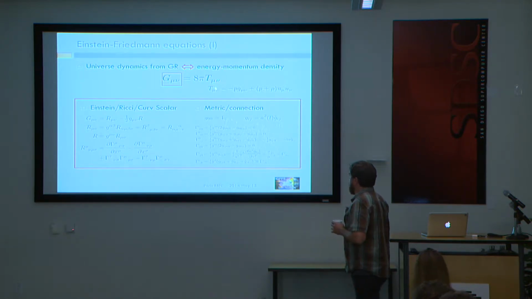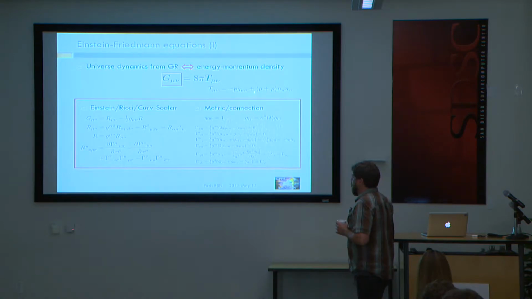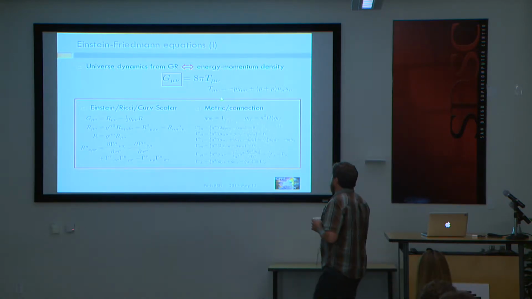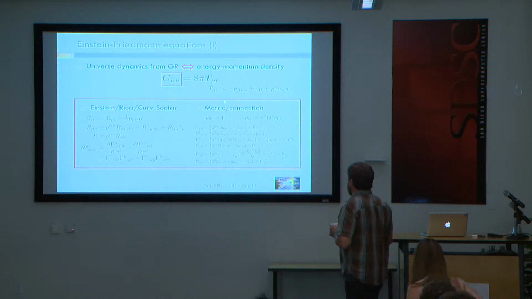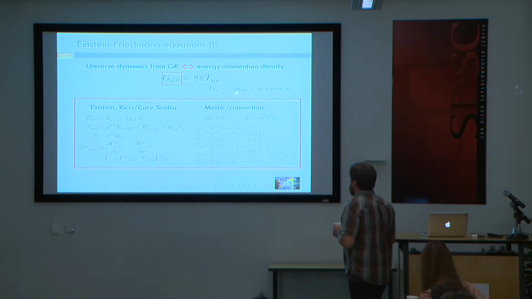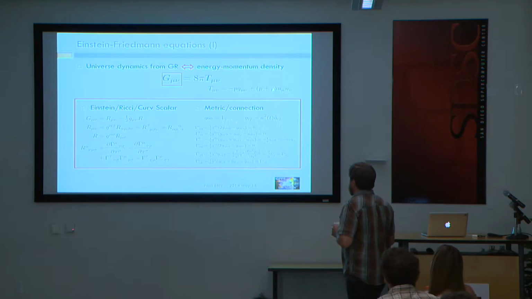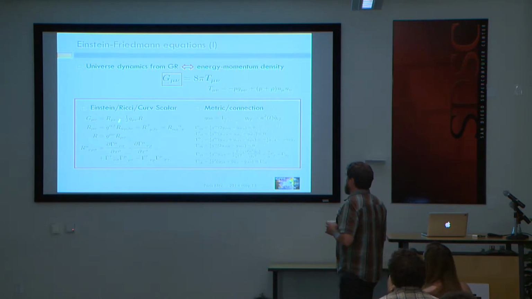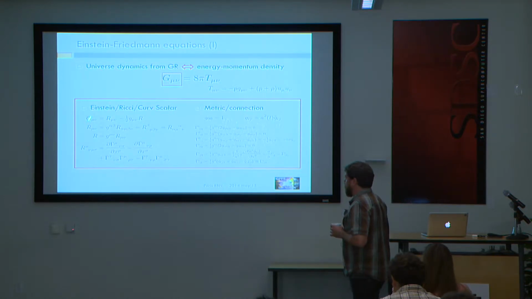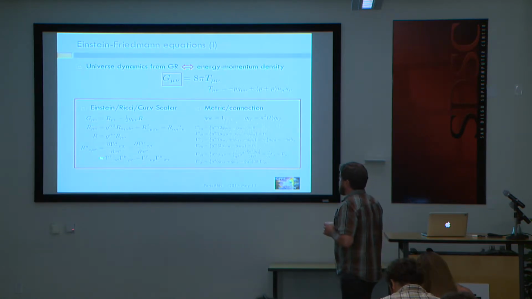On the right-hand side is the energy momentum tensor, which is given for ideal fluids, so no viscosity. P is the pressure, rho is the energy density, and then I've listed out here basically the equations in terms of the Einstein tensor, in terms of the Ricci tensor and the curvature scalar.